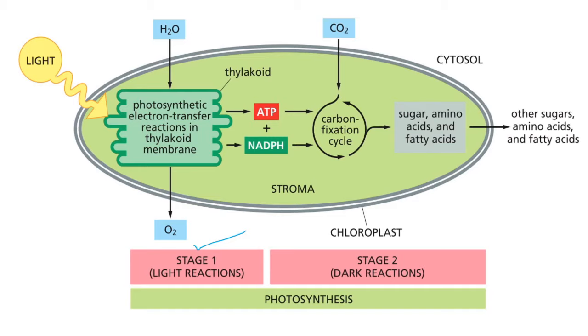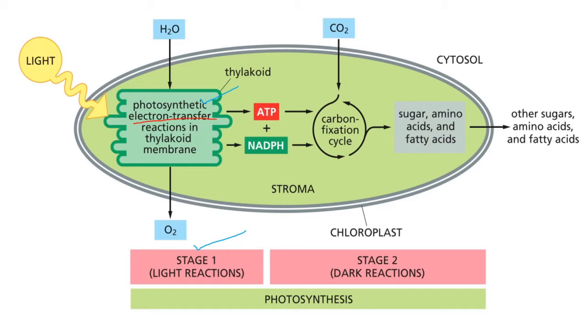Now what happens here? As we spoke till now, the chlorophyll pigments are present. Here the sunlight is going to fall on these chlorophyll pigments, and the chlorophyll pigments get excited, and these excited chlorophyll pigments release the electron. That is, as it is written here very clearly, the photosynthetic electron transfer reactions in the thylakoid membranes.